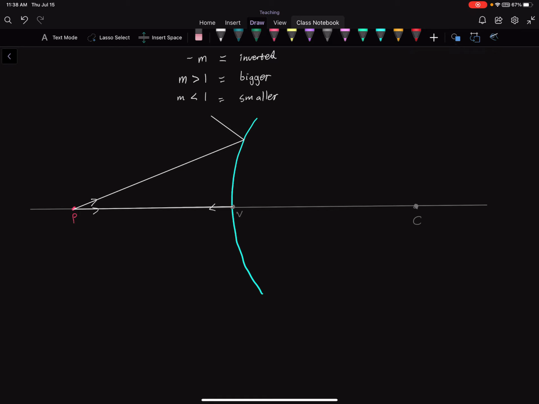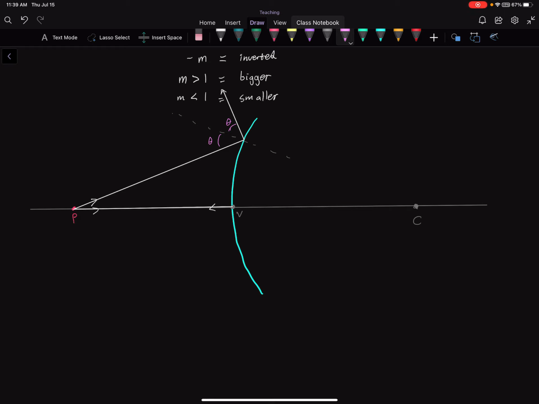And according to laws of reflection, it would then reflect off somewhere, probably something like that, right? Because whatever this normal is, the incident angle is going to be matched by the reflected angle.